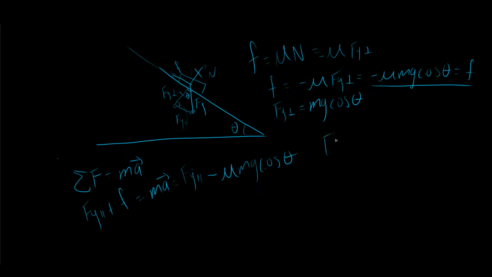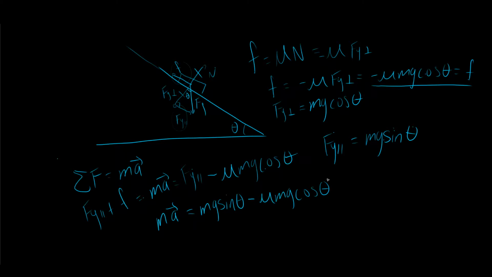And trust me when I say it, the force of gravity parallel is equal to mg sine of theta, right? So what I have here is that mass times acceleration is equal to mg sine theta minus mu mg cosine theta.